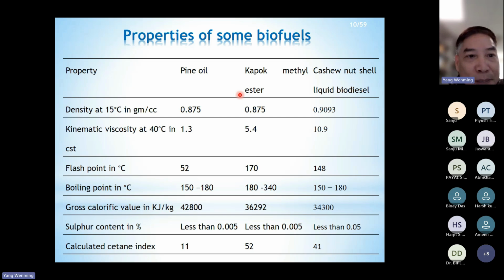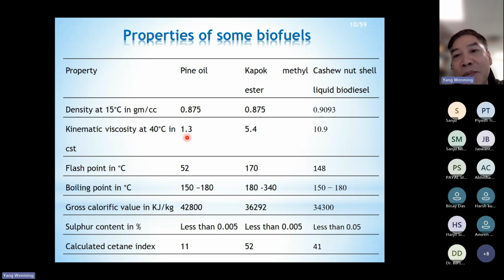Okay, so here we show you some of the properties of some biofuels, biodiesel. This one is palm oil. The density is about 0.875, and the copper ester is 0.875, similar, but for the cashew nut shell liquid biodiesel, the density is higher. Also the viscosity. Palm oil is 1.3, actually even lower than the diesel fuel, correct?